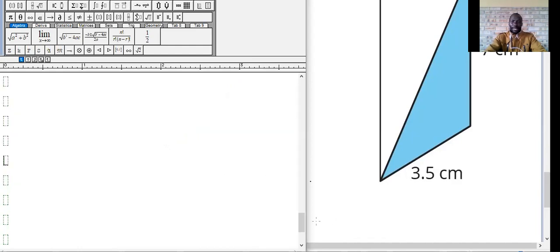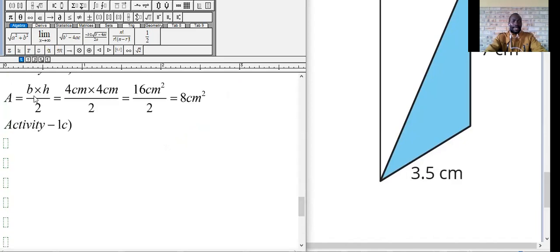And what's that formula? Well, the formula is, wait, right here. Yes, the formula is right here. So the formula is that the area of a triangle is base times height divided by 2, okay? And from here, the next thing is for us now to determine the base. Well, what's the base in this case? Notice that the base is 7 and the perpendicular height there is 3, okay?